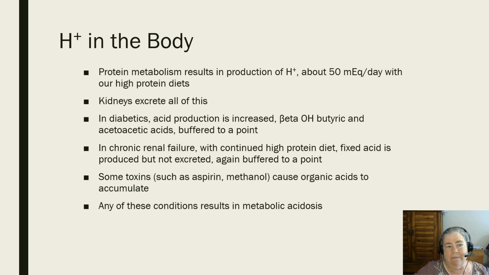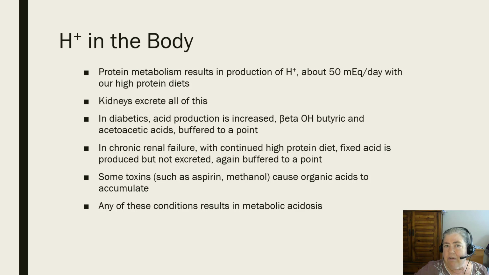There are some toxins that can cause organic acids to accumulate, and we'll talk about them a little more later, but aspirin is one. So people who use excessive aspirin or who overdose on aspirin will have excess hydrogen ions.